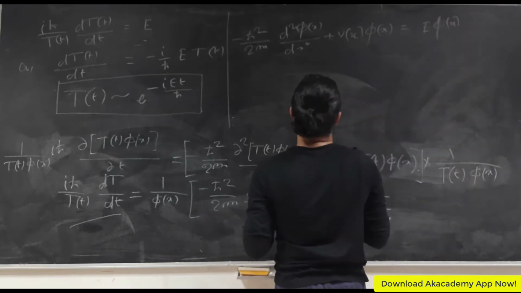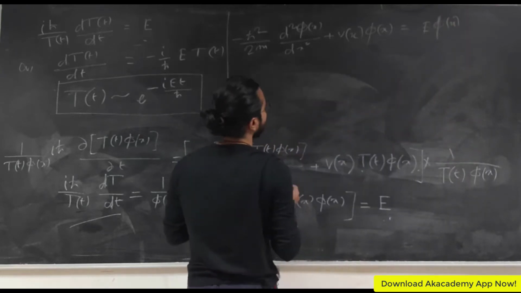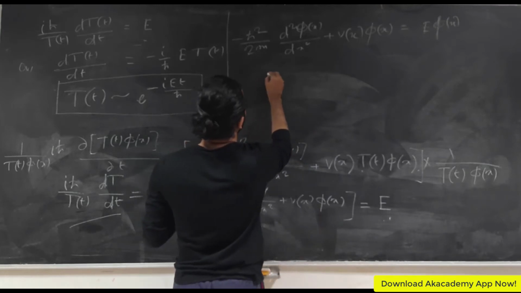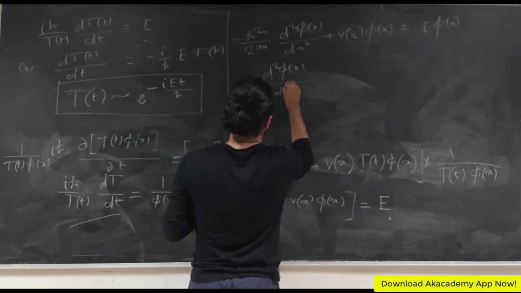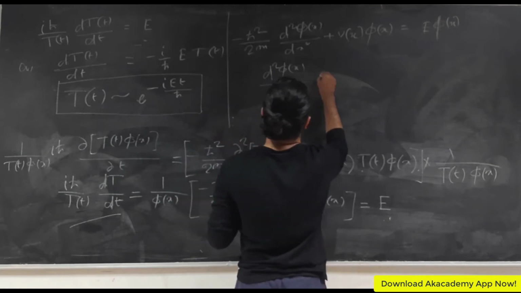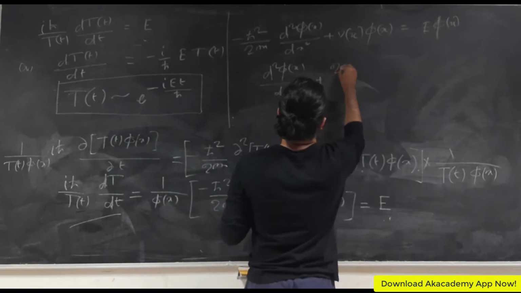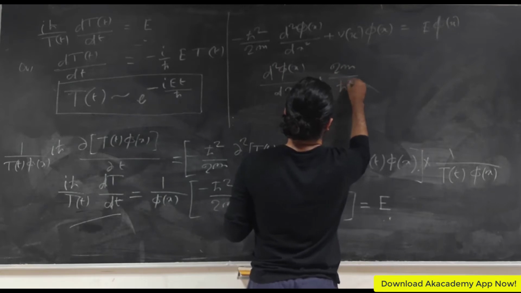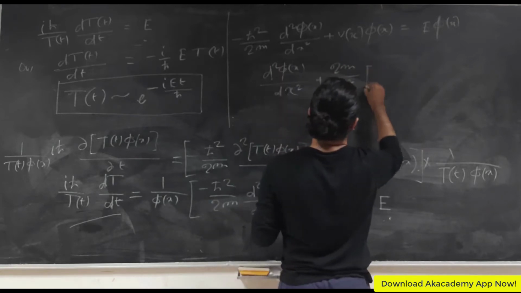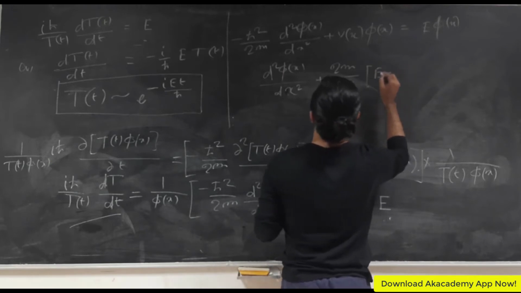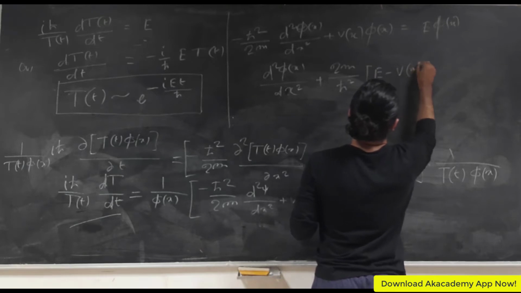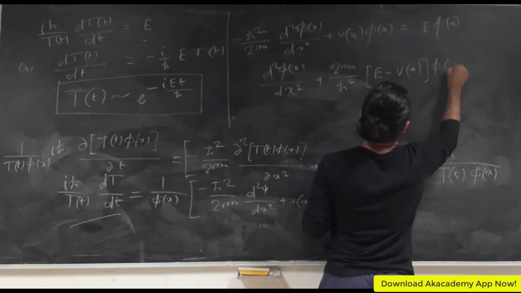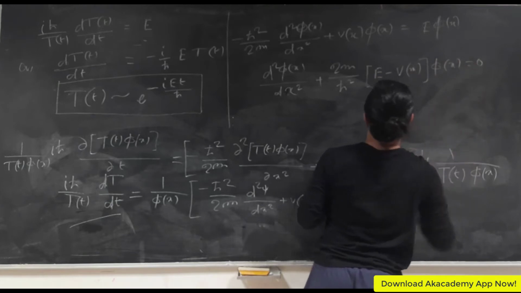Now if we rearrange this equation a bit, we will get d2 phi of x over dx squared plus 2m over h bar squared times E minus V of x, phi of x, equal to 0.